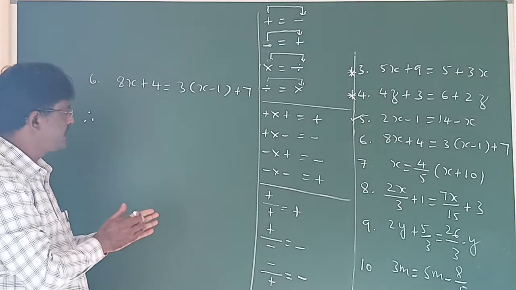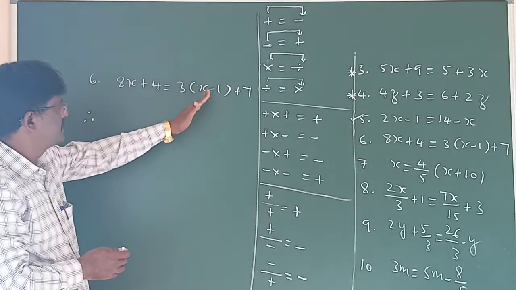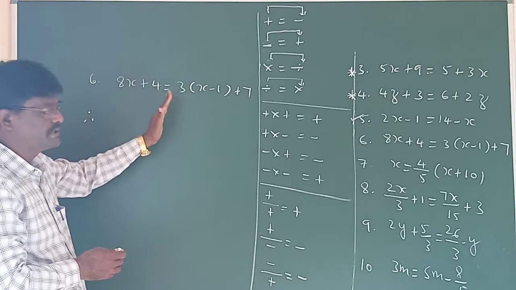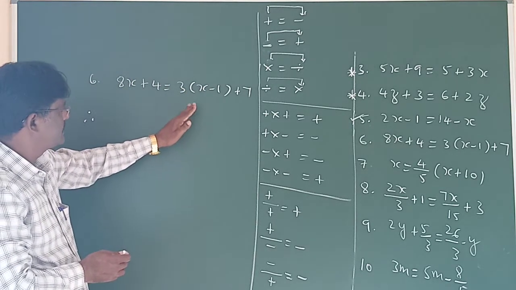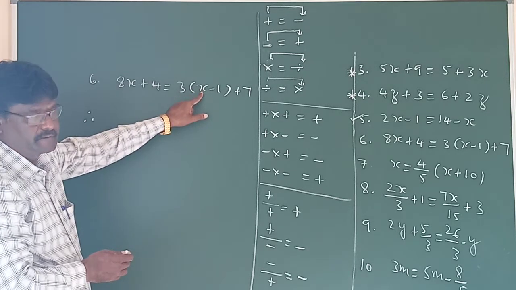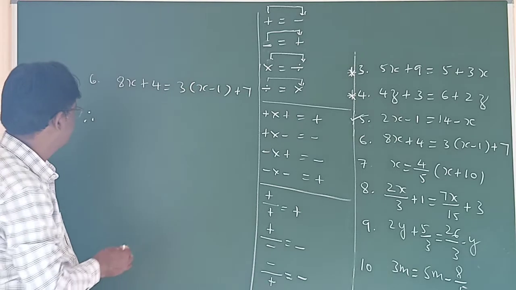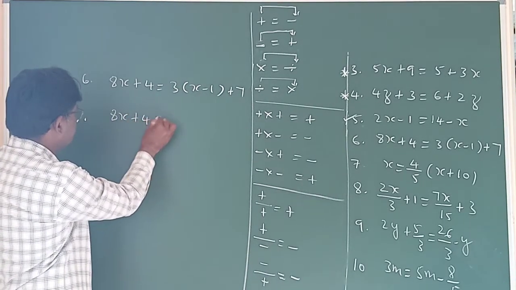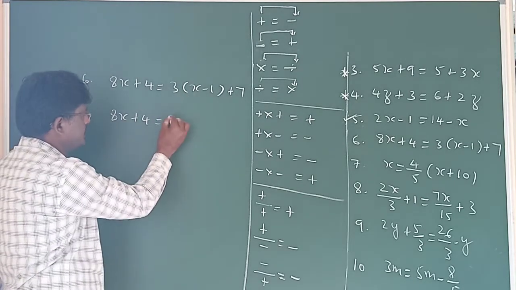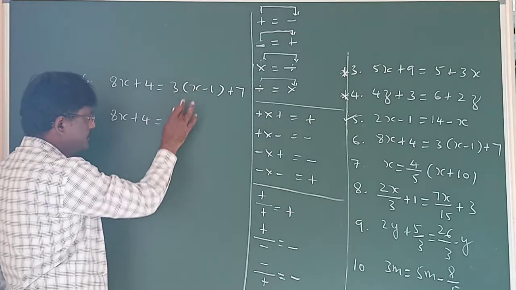Before we transpose, shifting the terms from left to right or right to left, you see whether they are in the simplest form or not. So here children, we have to simplify this and then only go for transposing the terms.